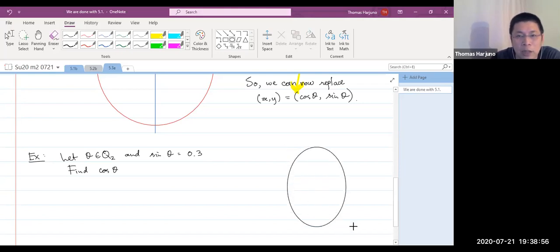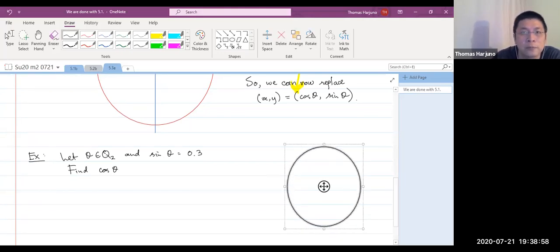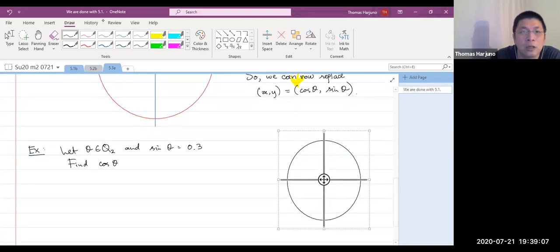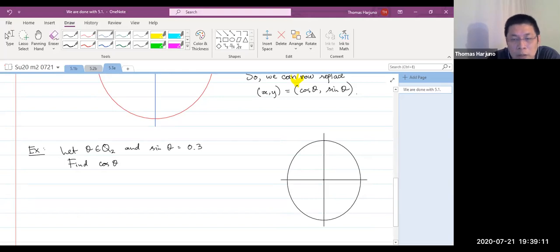Okay, so imagine you have a unit circle, and then the sine theta is 0.3. So suppose it's in quadrant 2. Let me just pull a point on that circle in quadrant 2, and the sine is 0.3.